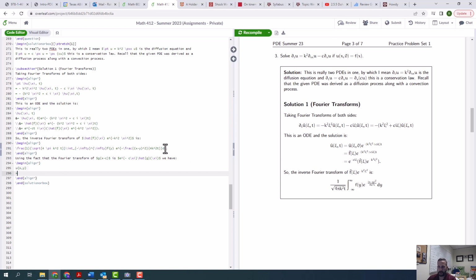So I'm going to copy what I have here, and now wherever I see an x, I'm going to put an x minus ct. Okay, so let me compile that and we can see what it looks like.